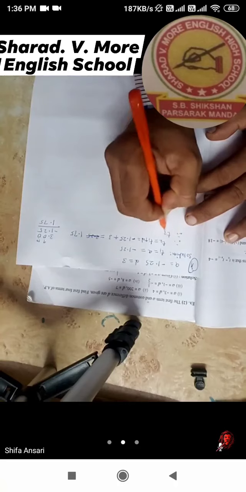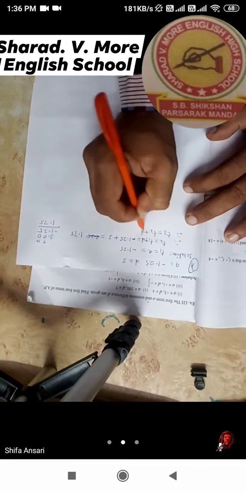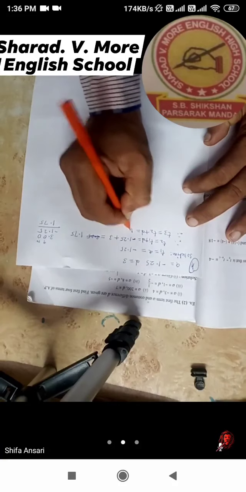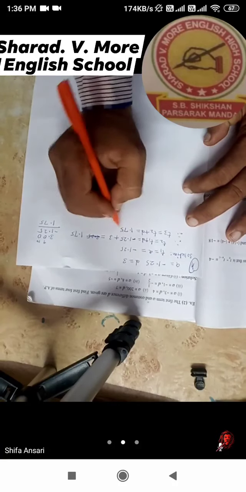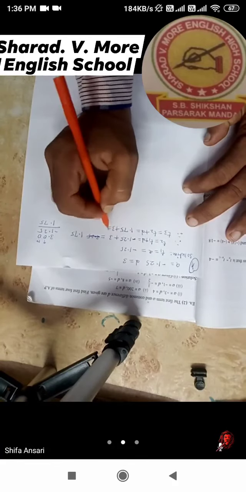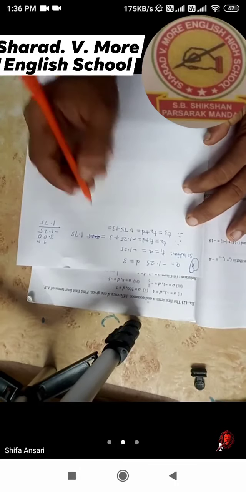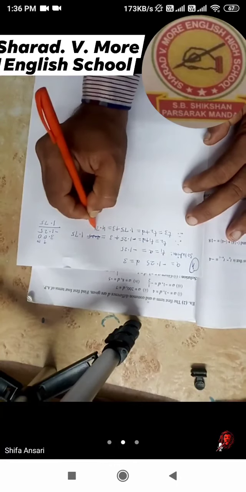Therefore T3 is equals to T2 plus D. Here T2 is equals to 1.75, and what is the D here? 3. So this is equals to 4.75.